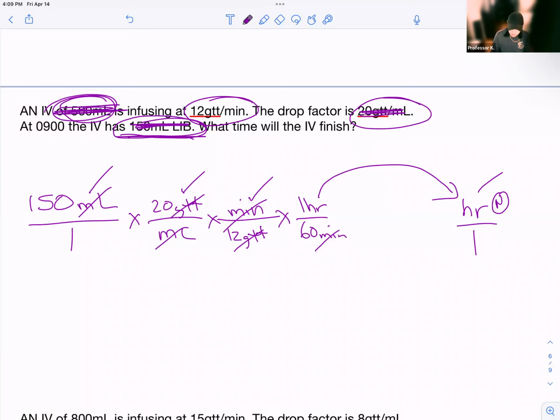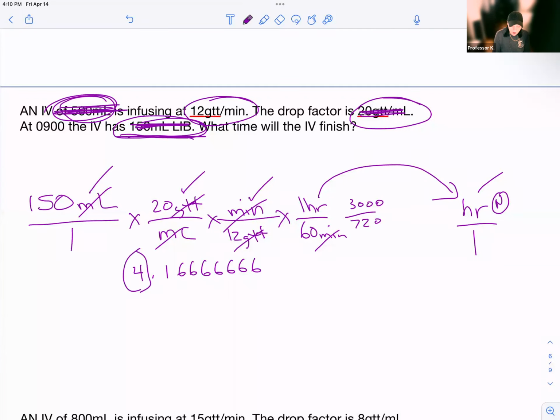This is my first step though. So 150 times 20 is 3,000 and 12 times 60 is 720. And when I do the math, 720 divided into 3,000 will give me 4.166666666. It'll keep going. Now I need you to remember this.